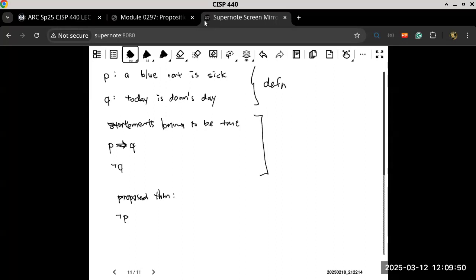In other words, can I somehow link up P implies Q and not Q, and use a mesh of implications so that eventually I can show that not P is true? That is what propositional logic can do. Is that okay? All right.